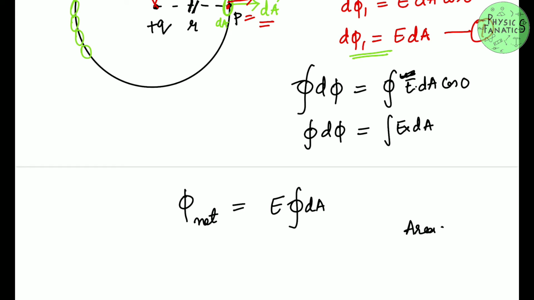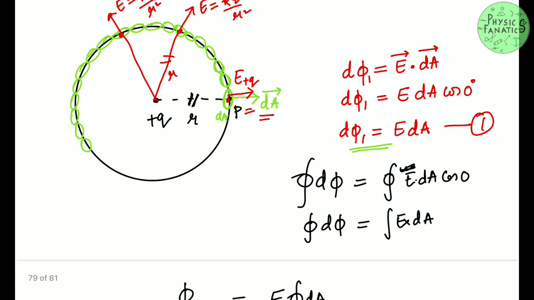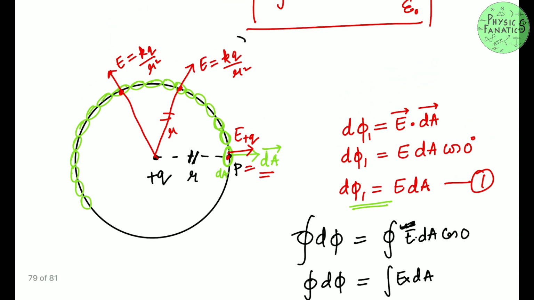So I can write phi net will be equal to the electric field multiplied by 4 pi r square. And actually I know the value of the electric field also. The value of the electric field is kq upon r square throughout. You take it at any place, for example, you can take it here also, the electric field will come out to be kq upon r square. So throughout you will get the same value.